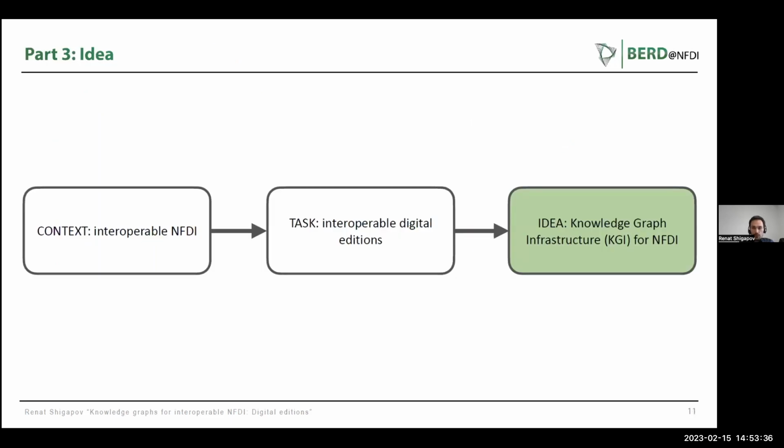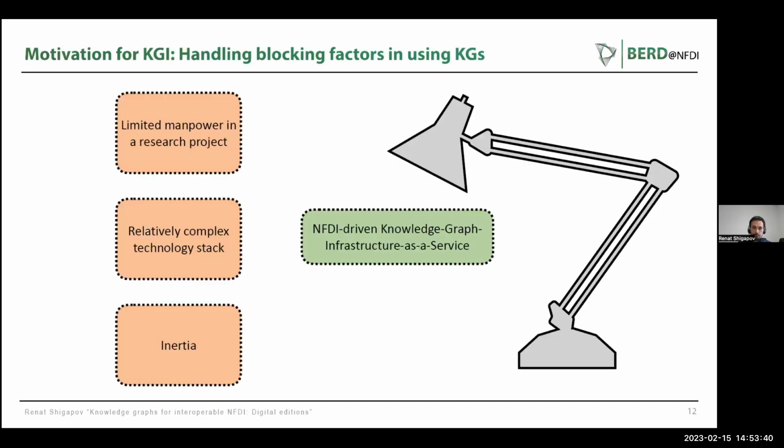Now, let's talk about the idea of a knowledge graph infrastructure as a service. Of course, there are blocking factors to using knowledge graphs. From 2 parts in my talk, it became clear that in NFDI, knowledge graphs are very welcome. In the context of digital editions, I think knowledge graphs would be awesome to use. But there are blocking factors.